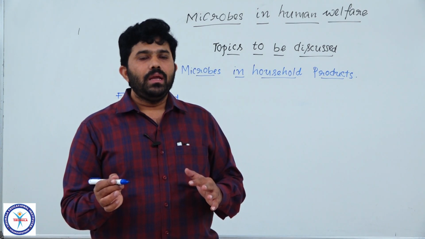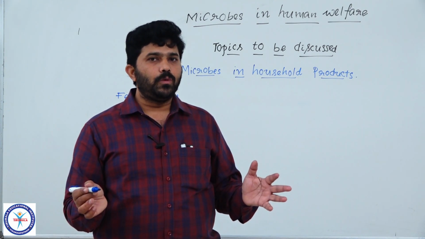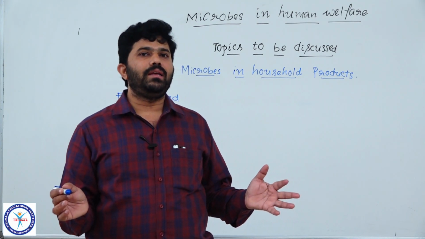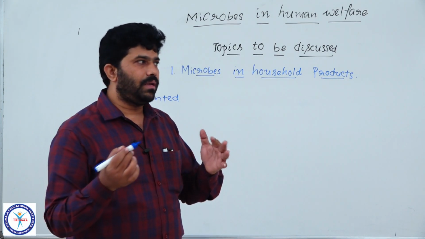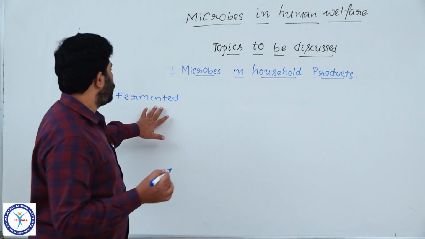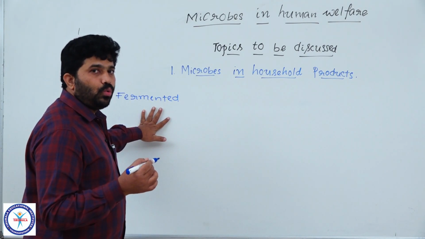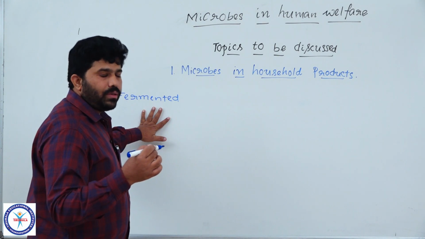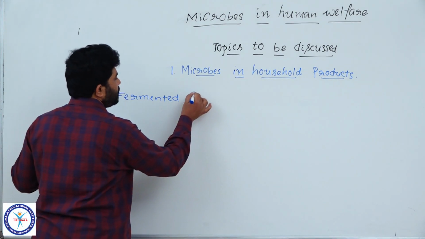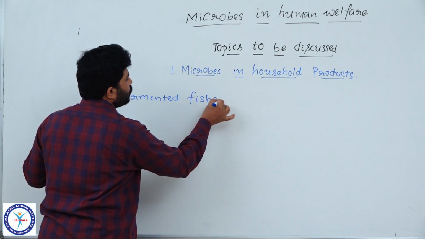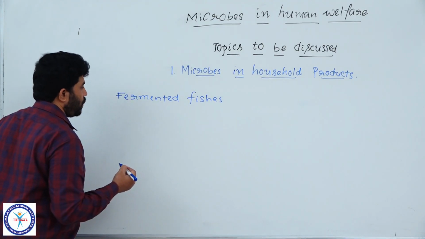So without spoiling, the fish sustain their freshness just by using some bacteria which ferment them. Understood? To keep freshness for a long time until they reach the consumer. So fermented fish is also done by microorganisms.